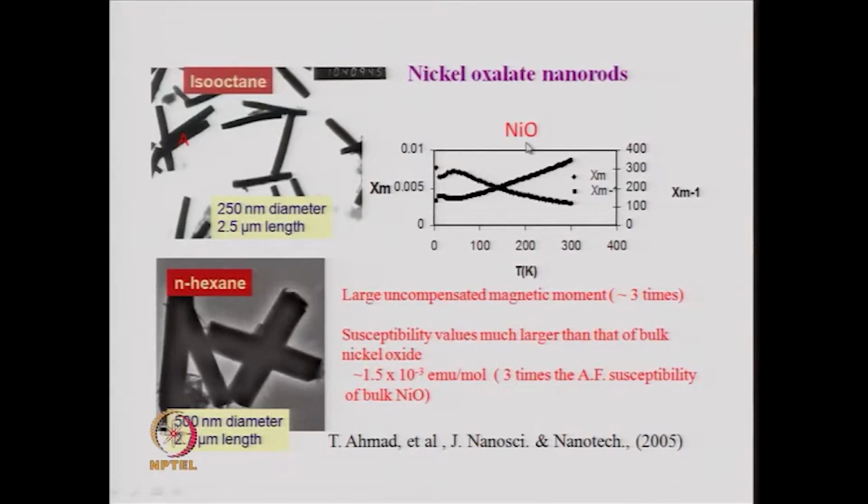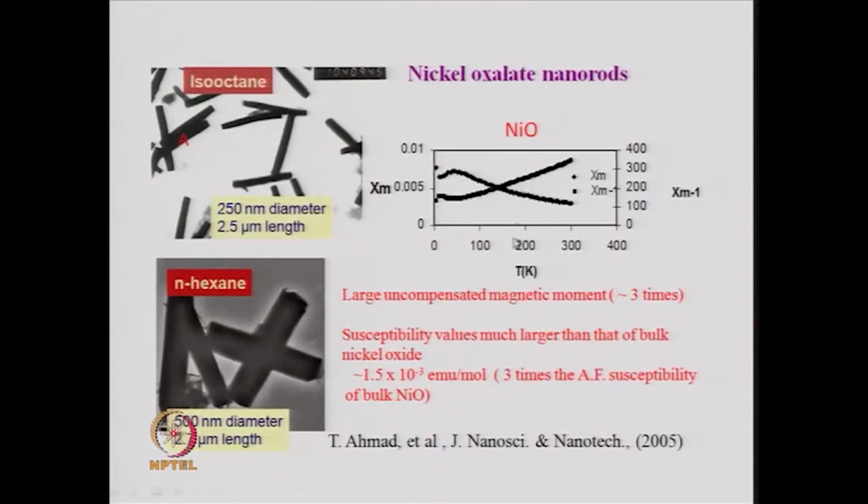That means, nickel oxide having large particles, micron sized particles, they have a small moment because it is antiferromagnetic. And when you make it nanoparticles, the size becomes very small, there is uncompensated spin on the surface, or you can say surface spins dominate, and the magnetic moment will become much larger compared to a nickel oxide particle, where all the moments get cancelled, because most of the moments are in the bulk, and the bulk moments get cancelled because it is an antiferromagnet.